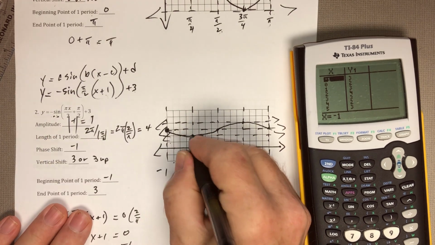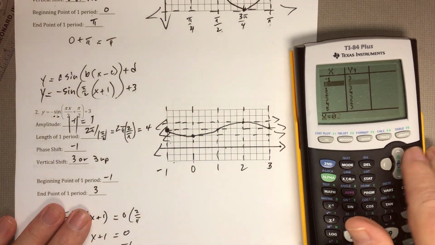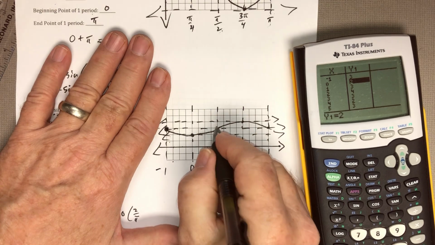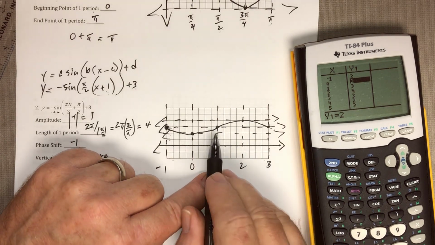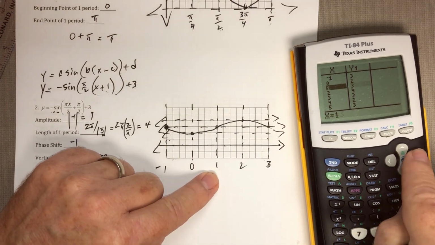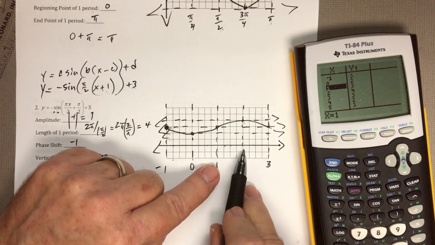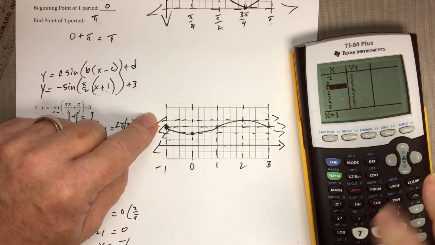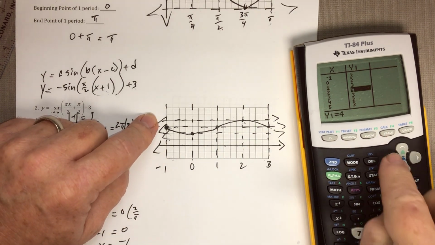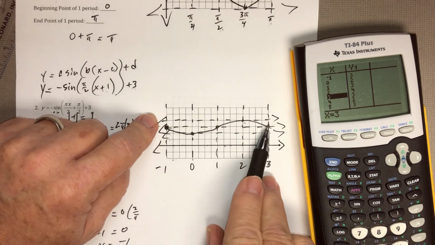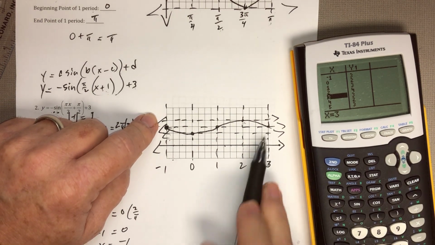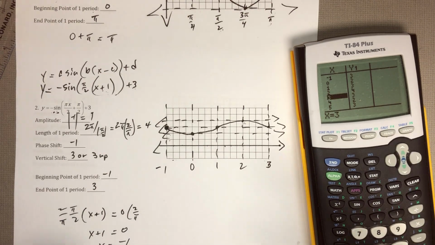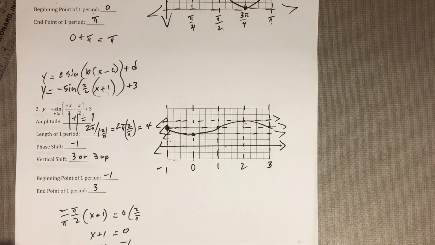This point is 0, 2, so that should be the next one, 0, 2, which it is. This point is 1, 3, so there's 1, 3. This point is 2, 4, there it is right there. This point has coordinates of 3, 3, and there's that point right there, and of course it keeps going, but we don't need to mess with that.